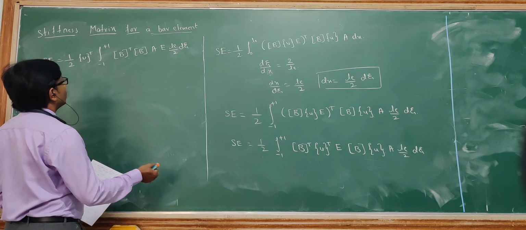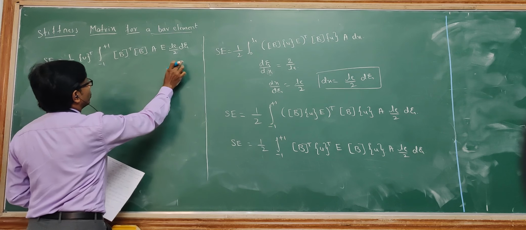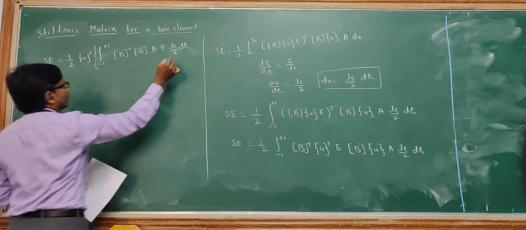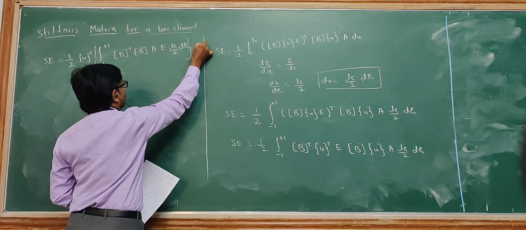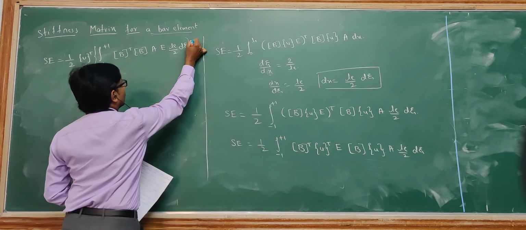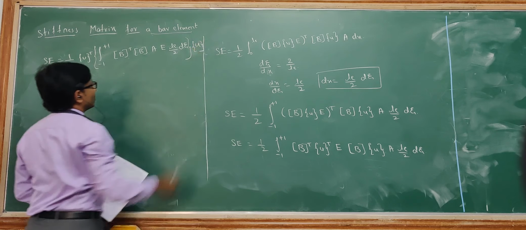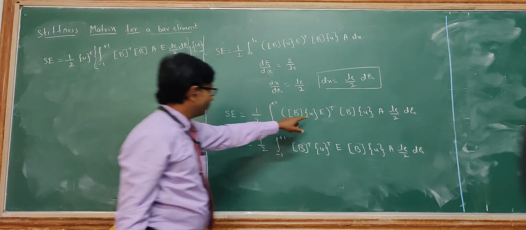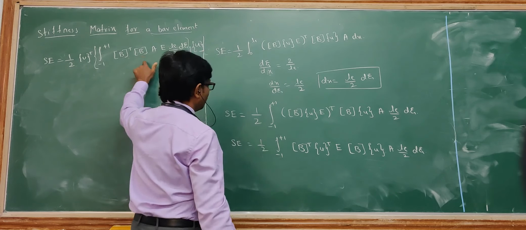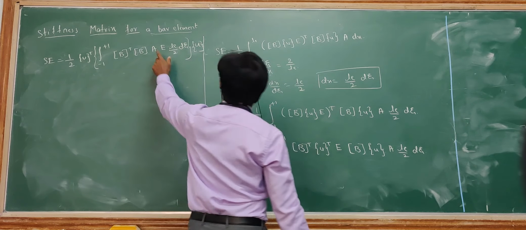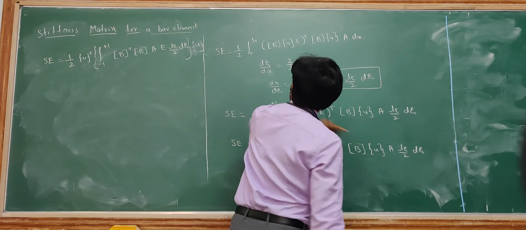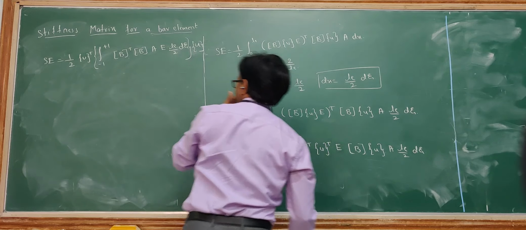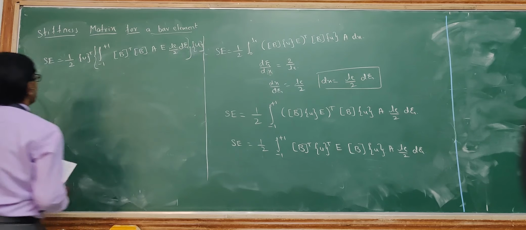LE by 2 into d zeta will be one parameter, into U. Just rearranging it, U transpose, you have written B transpose B, AE LE by 2 d zeta into U. If you see this here, this covers up the strain matrix equation.